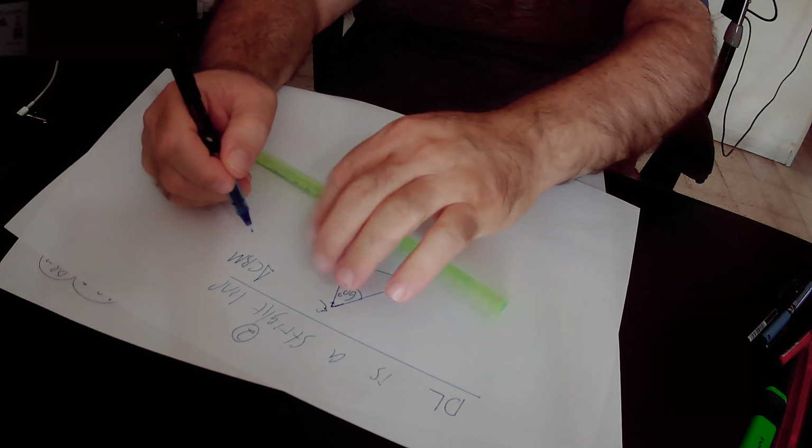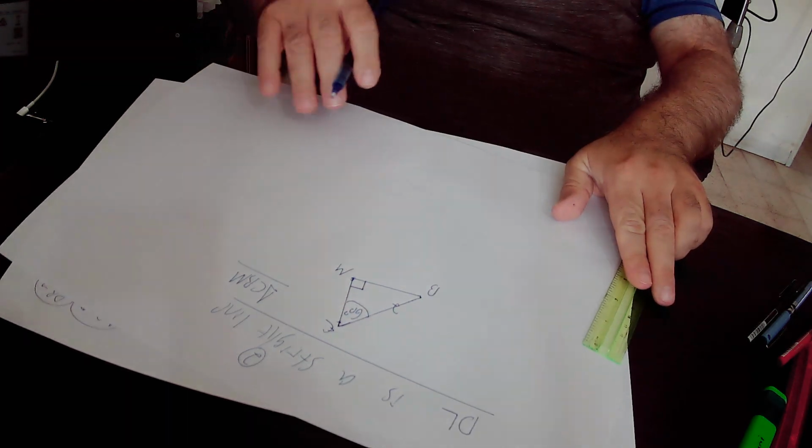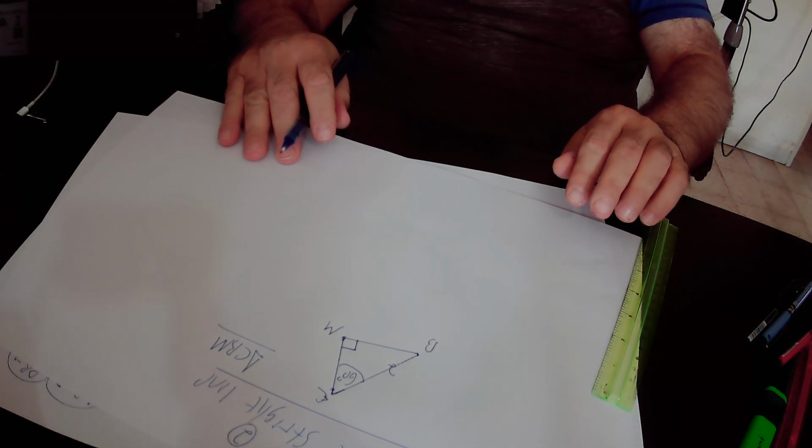This is the right triangle CBM that I copied from the original drawing.